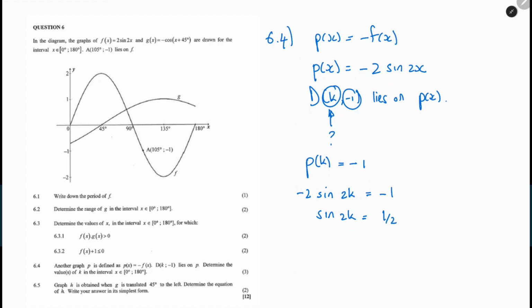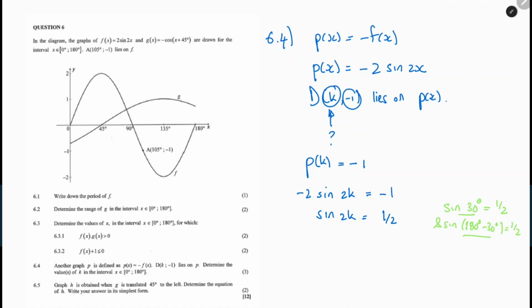Right, so sine of what is going to give me a half? Well, at this point, you should know your special angles again. I'll write it here on the side: sine 30 is equal to a half, and sine of 180 minus 30 also gives a half, because sine is positive in the first and the second quadrant.